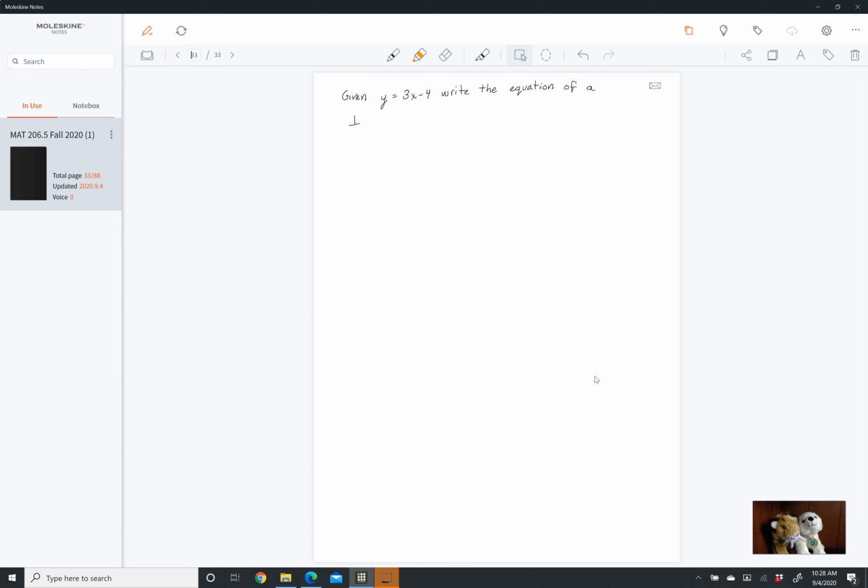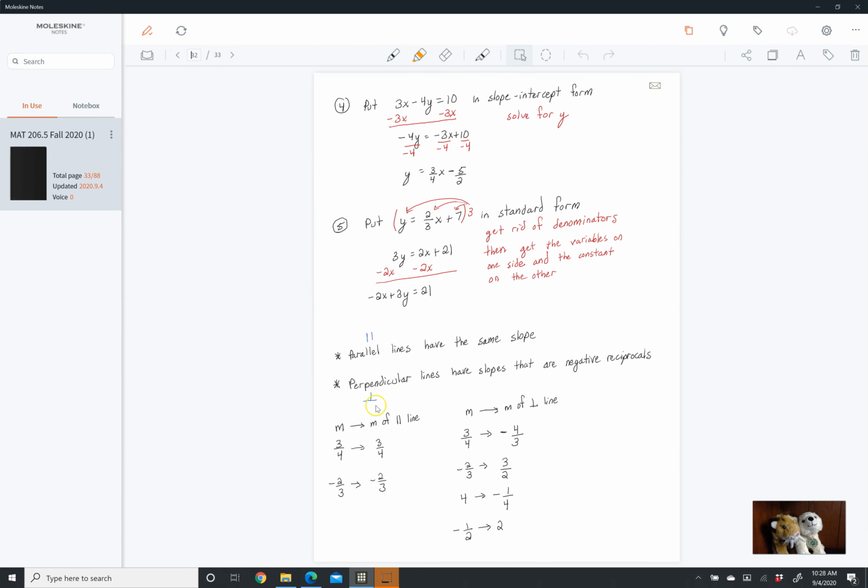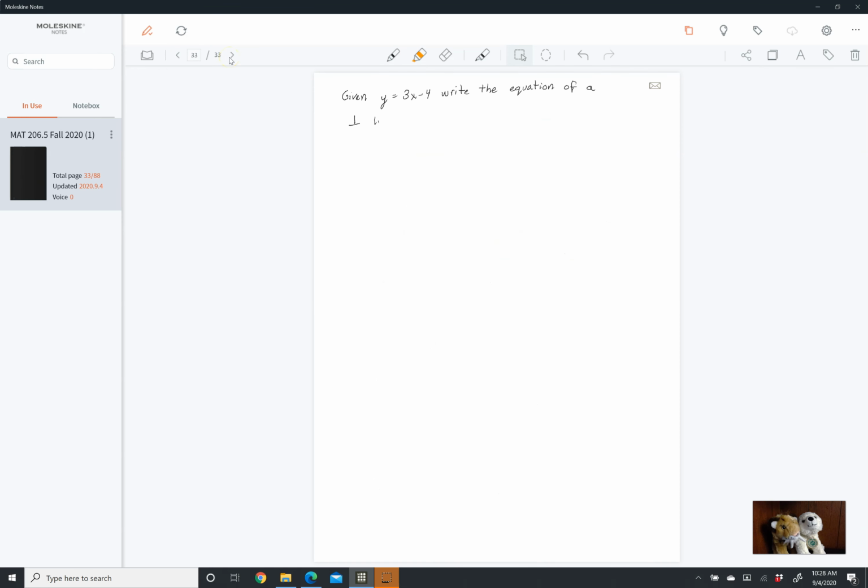And I'm going to abbreviate perpendicular with this symbol, okay? It looks like an upside down T. That means perpendicular. If you remember, we talked about that in the last video, okay? So we're going to find the equation of a perpendicular line that passes through the point 6, 2.